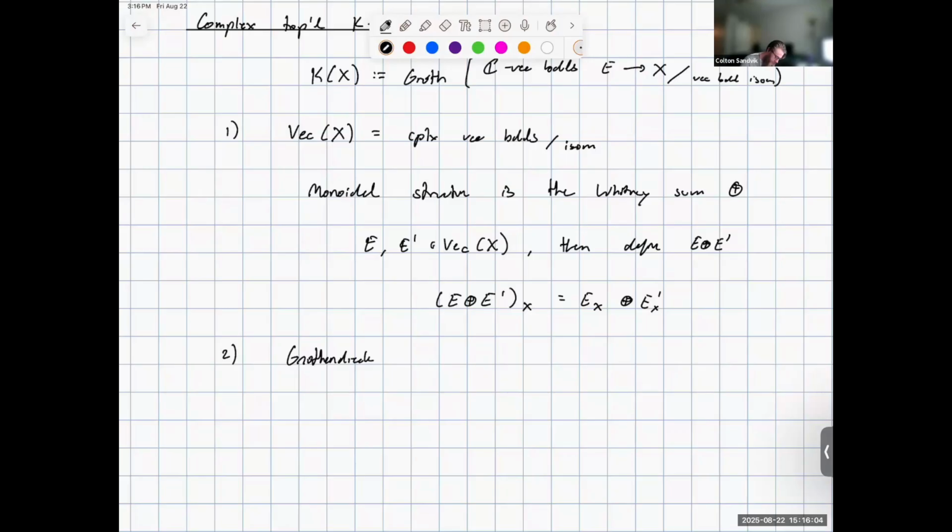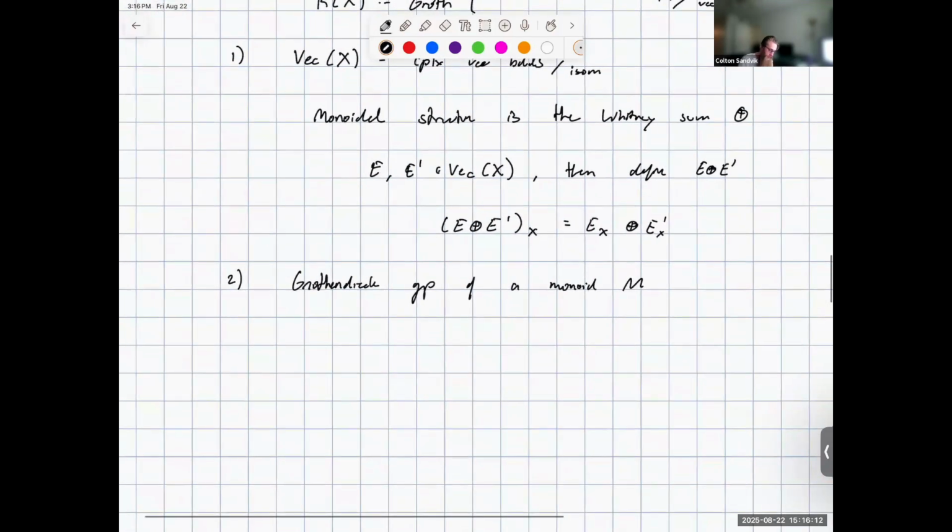What this means, of a monoid, say M, and I'm going to just use similar notation for the binary operation.